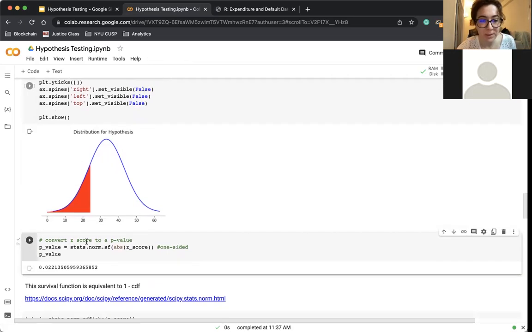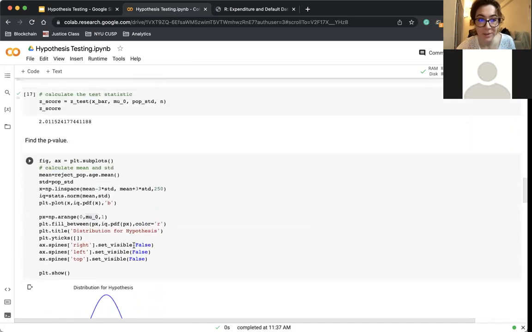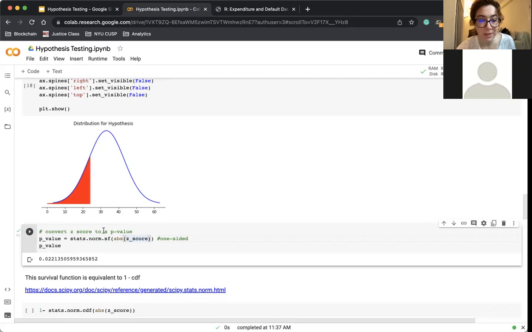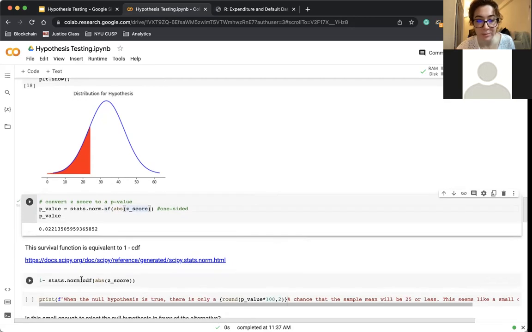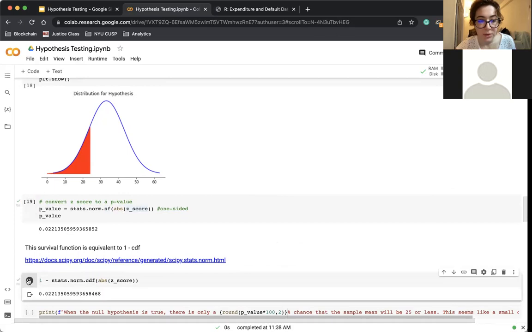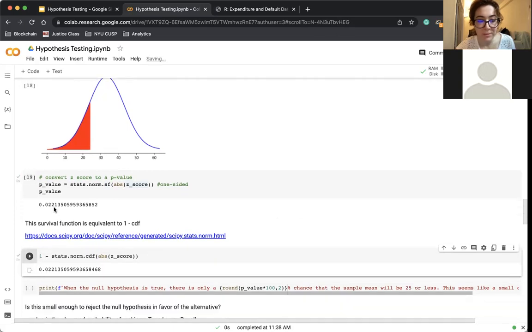And you can use this survival function from the z-score that we just calculated up here to translate that back into the probability. This is the same exact thing of what we've seen before when you subtract from the cumulative density function of the z-score. So this value is exactly the same.